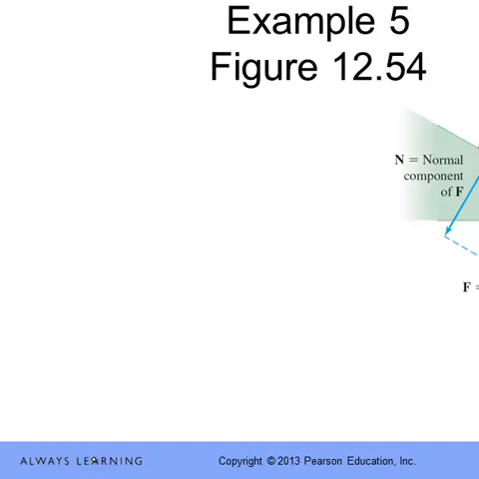Here we've got a simple block on an inclined plane. For example, number 5, we've got a 10-pound block that rests on a plane that is inclined at 30 degrees below the horizontal. Find the components of the gravitational force, parallel and normal.